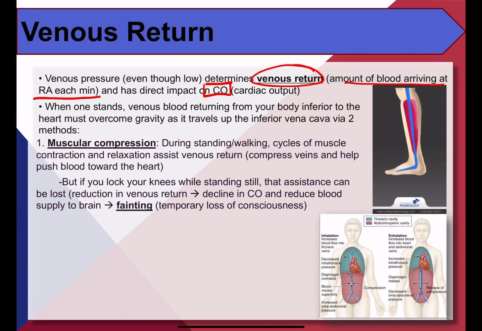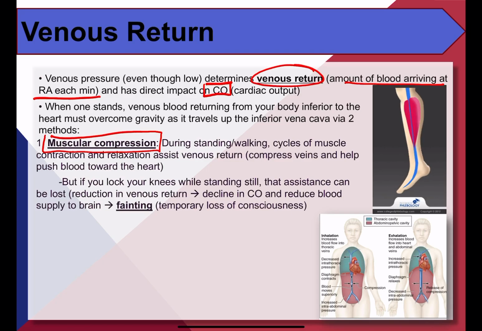For example, those in our lower limbs. The official name for that is muscular compression, which is when your skeletal muscles contract to help with blood moving through your veins.